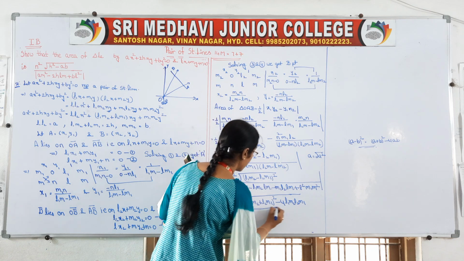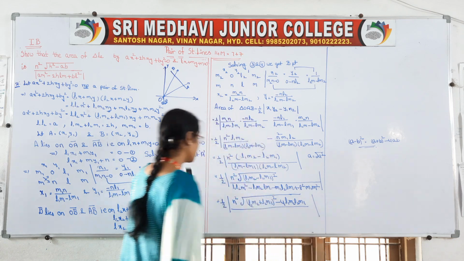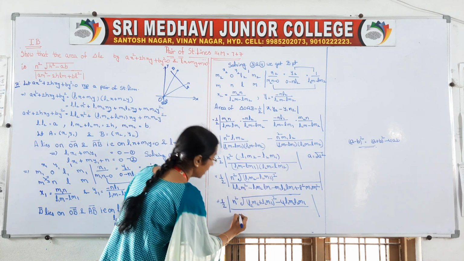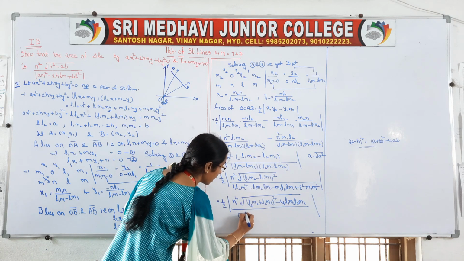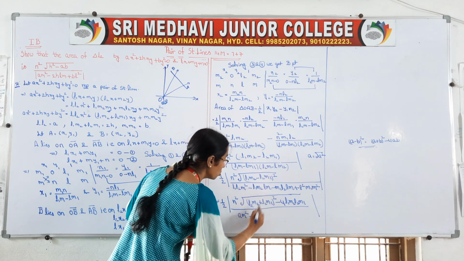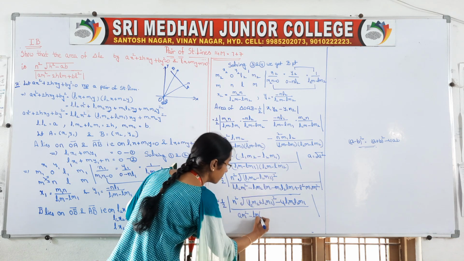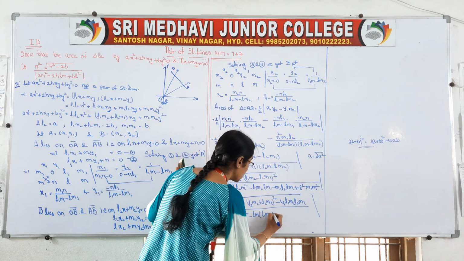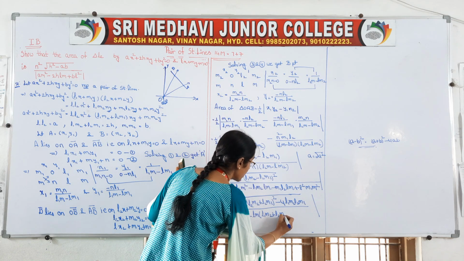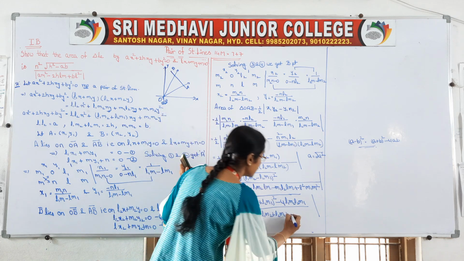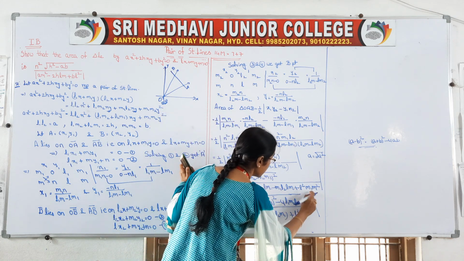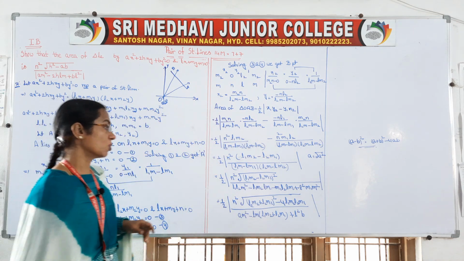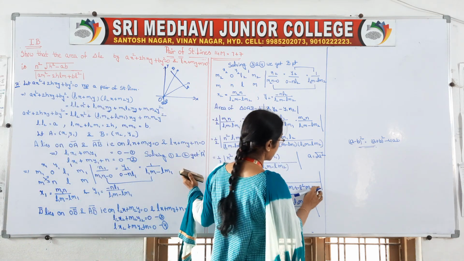Okay, divided by, downwards if you observe, L1 L2 is a, right? So we can write a m square. From these two we can take Lm common, then inside it is L1 m2 plus L2 m1 plus L square, this is your small b, right? m1 m2 is your small b.